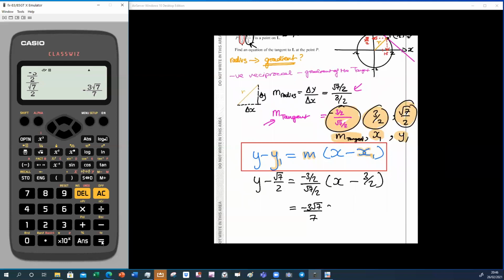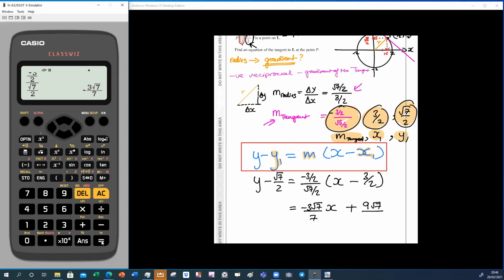And then we have to multiply with the x. And then we put a minus, and that will be minus 3. Talking about minus, that will give you plus 9 root 7.